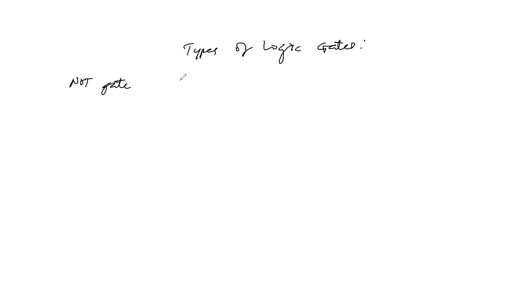So here we have Y as the output, here we have the X as the input. So in this case, we have one input logic, right?